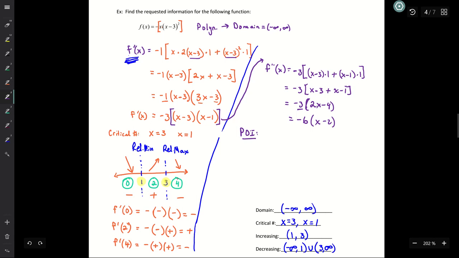So on there, what we're going to do is look at where the second derivative is either 0 or where the second derivative is undefined. Okay, in this situation, the second derivative here is also a polynomial, so this undefined case is irrelevant. We don't have to worry about that.